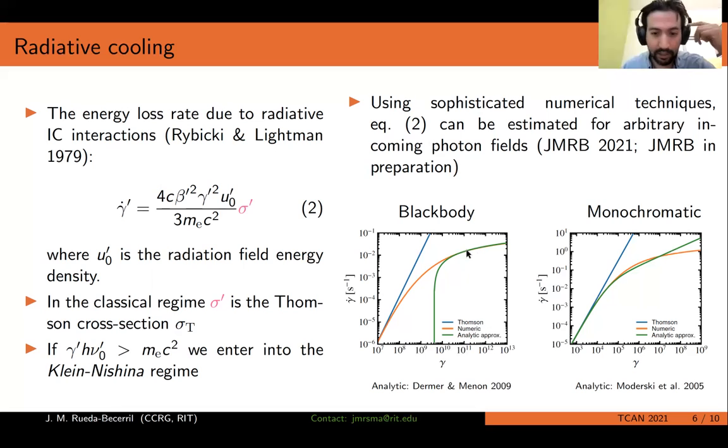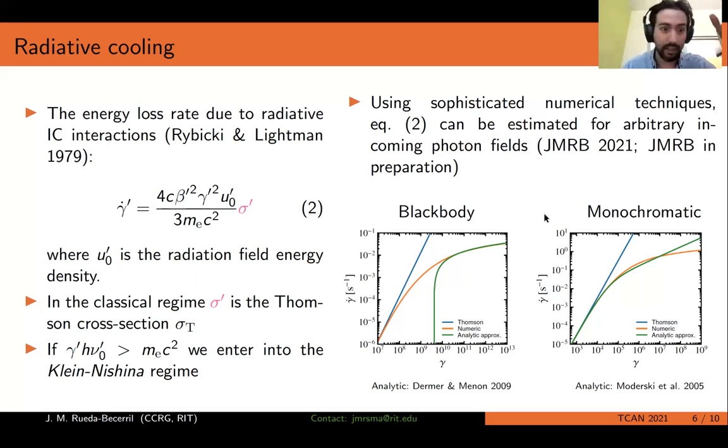And here I compare the numerical calculation of the Klein-Nishina radiative cooling with the analytic Klein-Nishina approximation for a black body, and for the Thomson regime. As we can see, the numerical approximation matches quite smoothly between the two regimes, and performs the same way with a monochromatic incoming photon field.